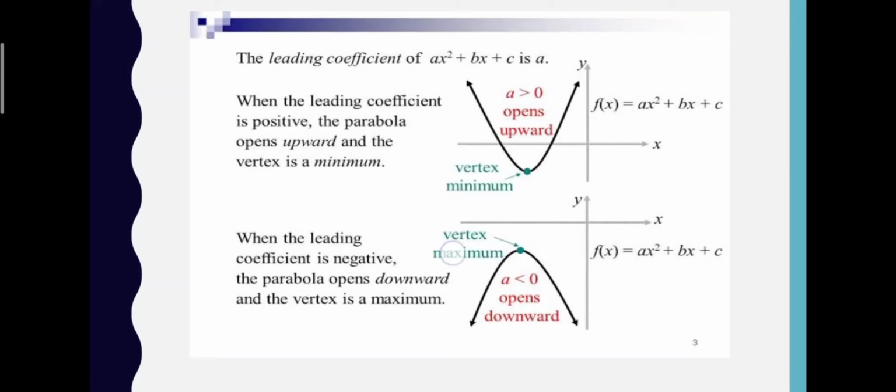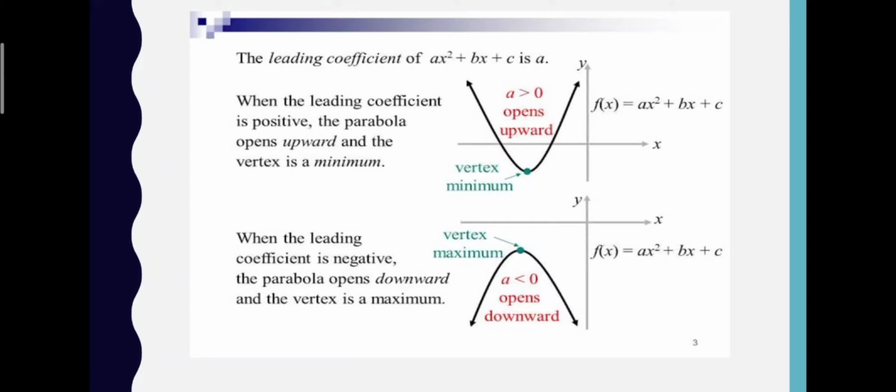Okay? So this one, you need to remember this. The leading coefficient of ax squared plus bx plus c is a. A is the leading coefficient kasi this is the first term. X squared is the variable, then a is the coefficient.